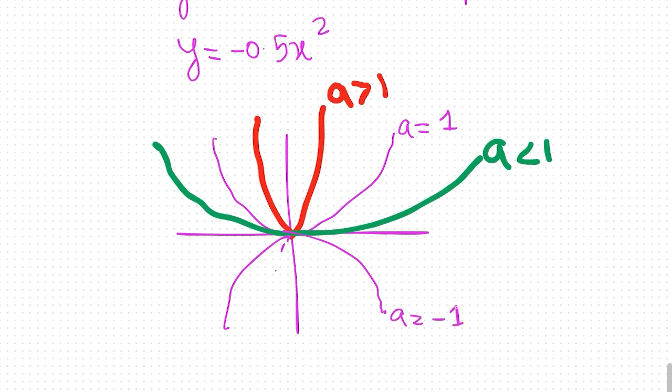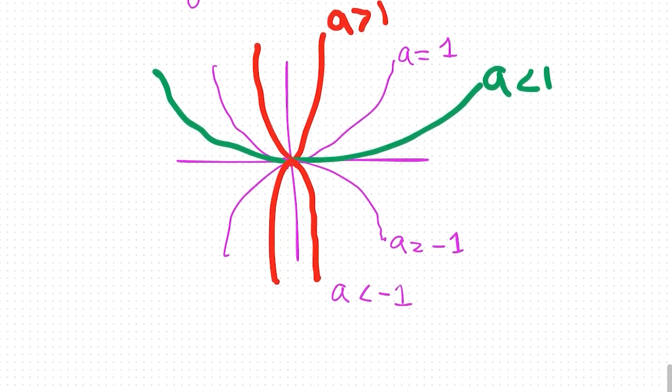A will be negative 1. Next, if you draw symmetric to red, it will be when a is less than negative 1. And then the final one is when it's between 0 and negative 1.